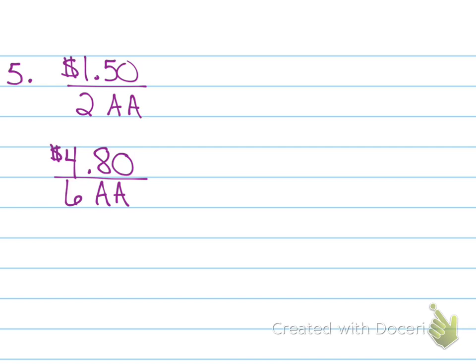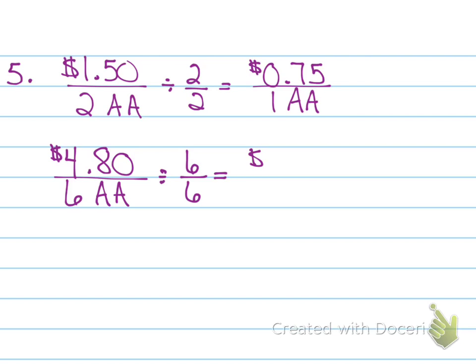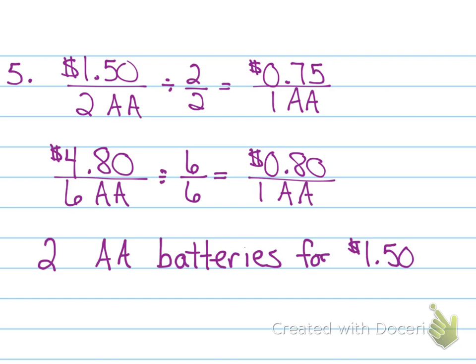Very good. Now on the first ratio, what do I divide by? 2. And what do I get? 75 cents. Very good. For 1 battery. So 75 cents per battery, or divide by 6, and how much per battery? 80 cents per battery.